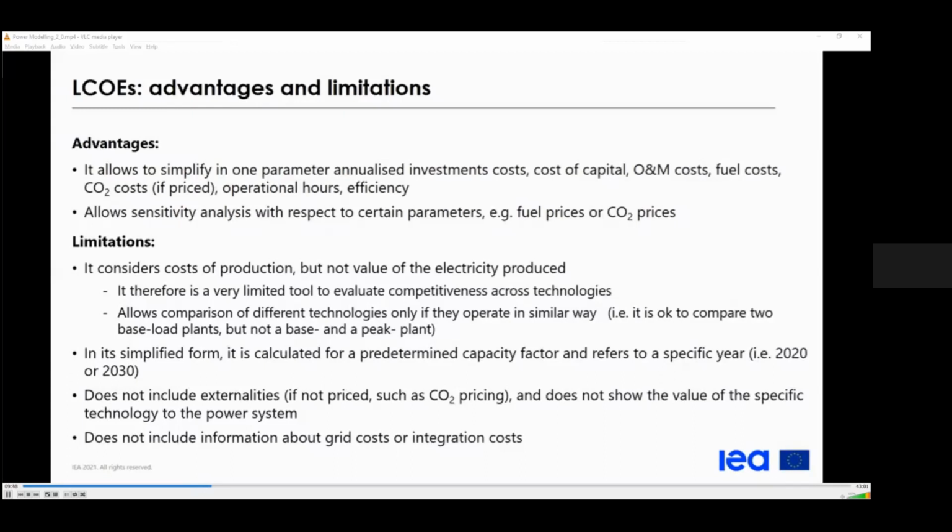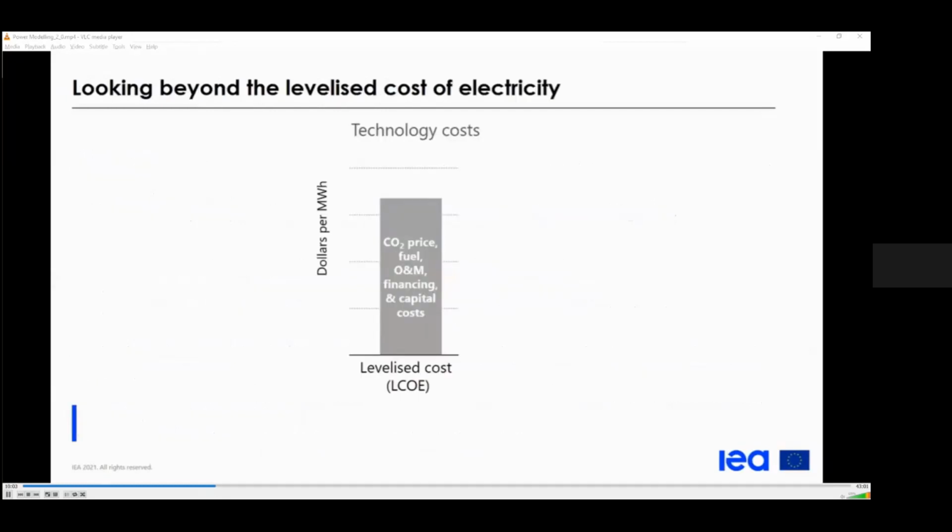And that's the concept that we've been developing here at the IEA with the value adjusted levelized cost of electricity. So the value adjusted LCOE is a new metric for competitiveness. And it really aims at combining costs and value. And this is really the cornerstone of this concept, combining both.